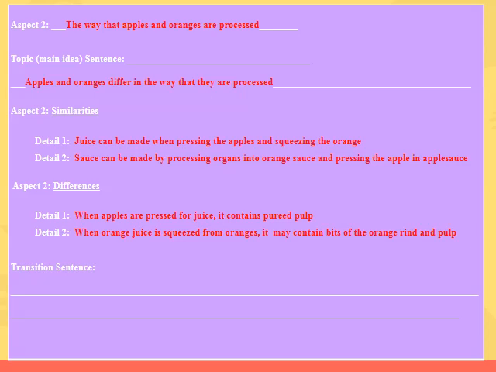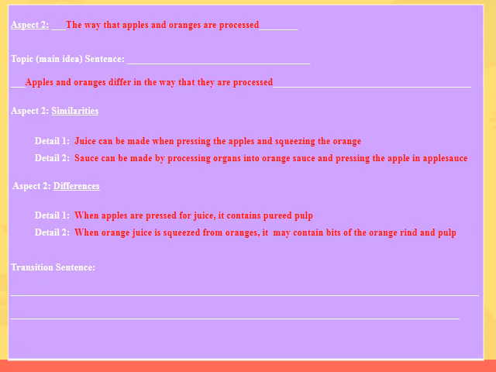Now they're different in that when you press apples, you don't get any type of additional ingredients in there. It's just a basic juice. However, when you squeeze and create juice from oranges, you're going to get another ingredient called pulp, which is how they're different.